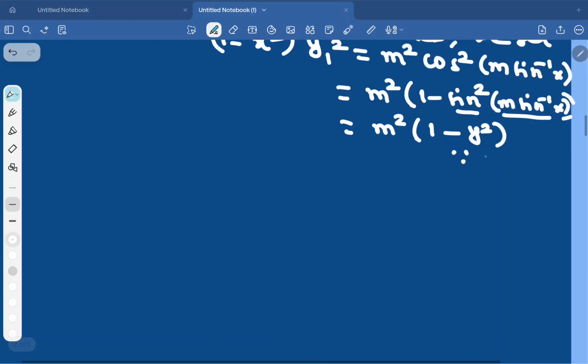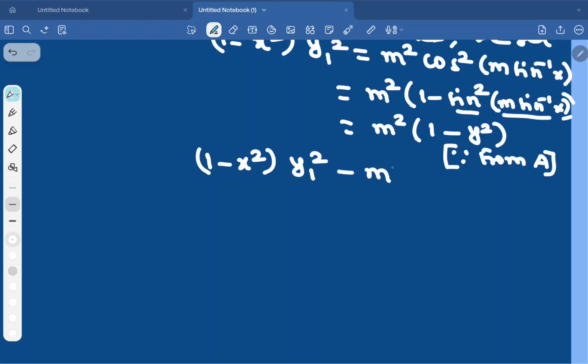Therefore from A I am replacing sine square of m sine inverse of x as y square. So 1 minus x square y1 square minus m square into 1 minus y square equals 0.